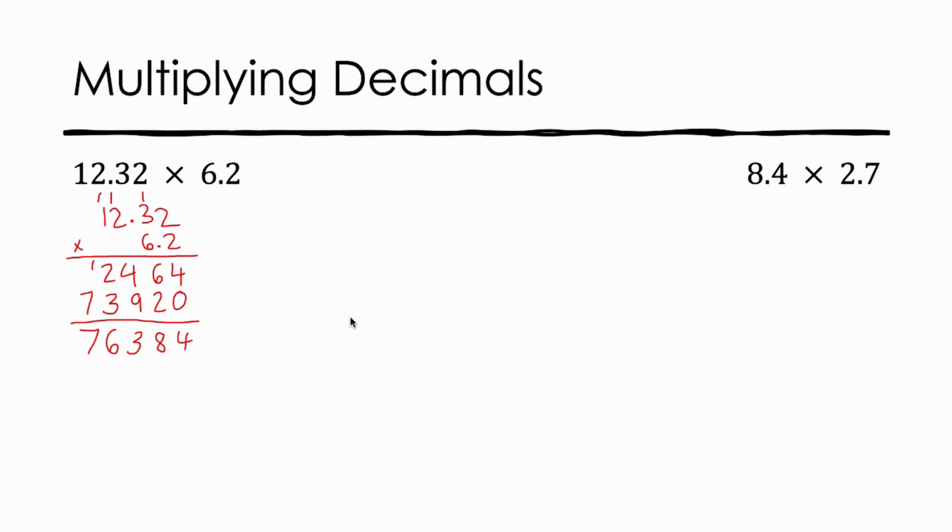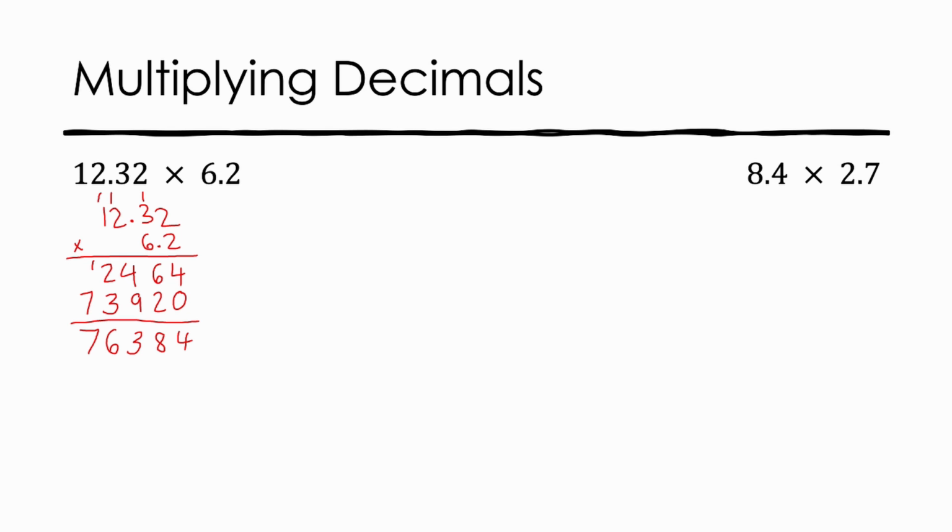Okay, we have our final answer. Except it's not quite our final answer. We still need to add the decimal point. Because if you're doing an estimate, you would choose 12 times 6. And 12 times 6 is not approximately equal to 76,384.